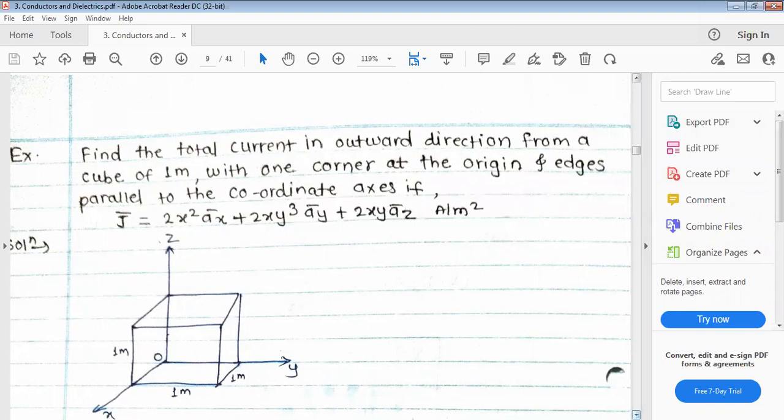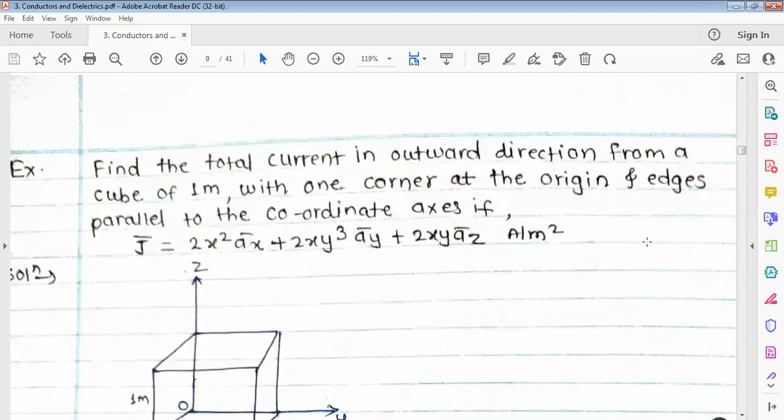Here J bar is given and we have to find the total current. Which formula should we use here? Can anyone tell me? We want to find current.